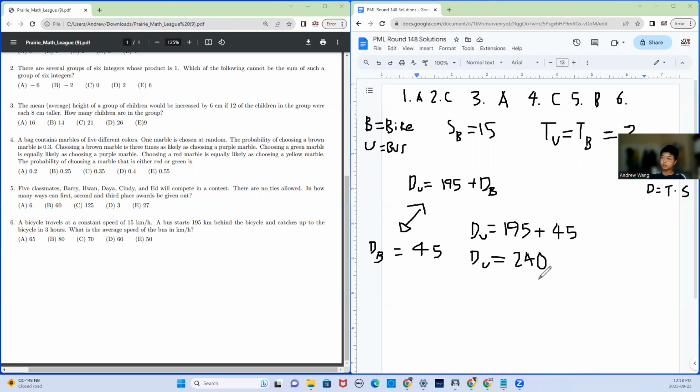The question asks us to find the average speed of the bus. So we'll use the speed, distance, time formula again. We don't know the speed of the bus, but we know the speed of the bus is equal to the distance of the bus over the time of the bus.